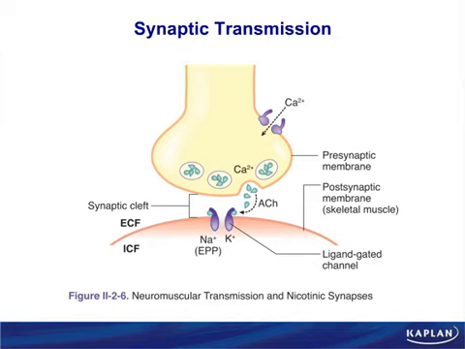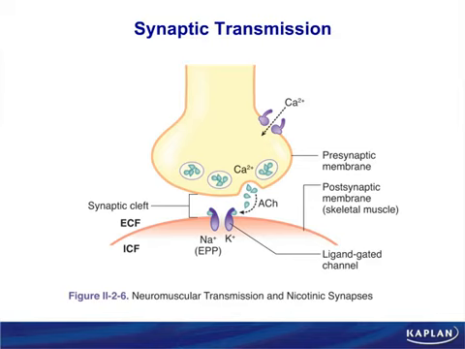So calcium is going to flux in. This calcium is going to cause vesicular release. These vesicles containing neurotransmitter, in the presence of calcium, dump their contents. In this example, it's acetylcholine. The alpha motor neuron is a cholinergic neuron.